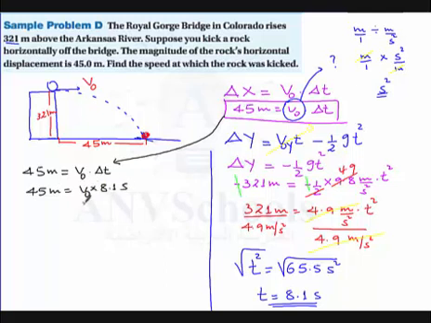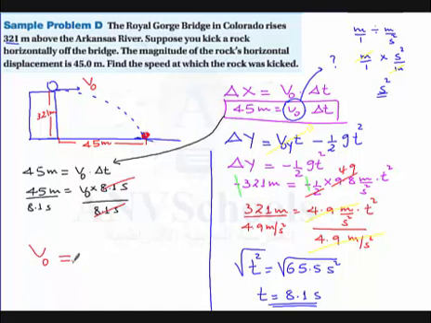Dividing both sides by 8.1 seconds, the 8.1 seconds cancel out. So V naught, the initial horizontal speed with which this rock was kicked, is 45 meters divided by 8.1.